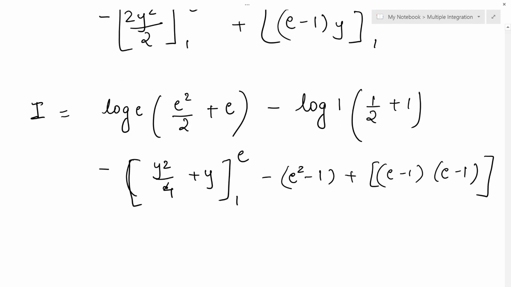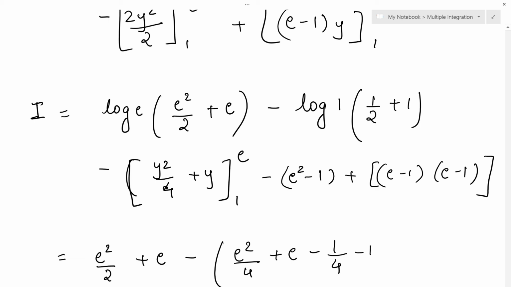So after simplification, you know that log e is 1. So e square by 2 plus e minus, let me open these brackets, e square by 4 plus e minus 1 by 4 minus 1.